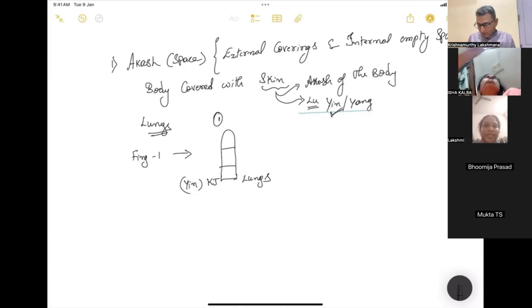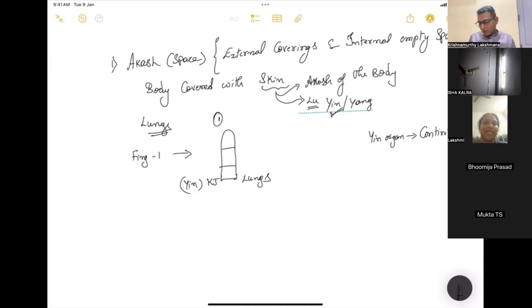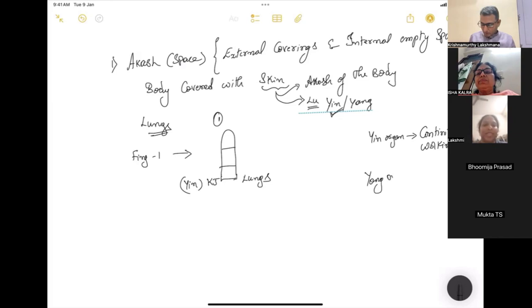A 24/7 continuously working organ. And a yang organ is what? When needed, it works. An intermittently working organ.